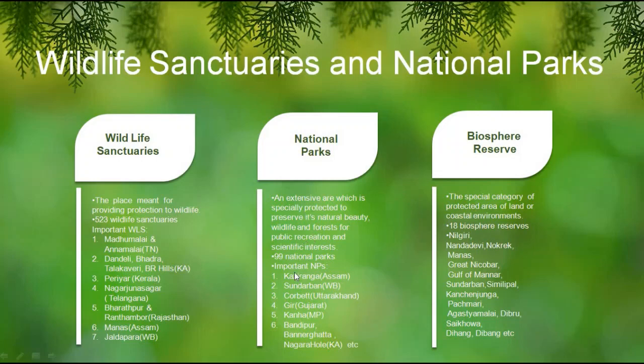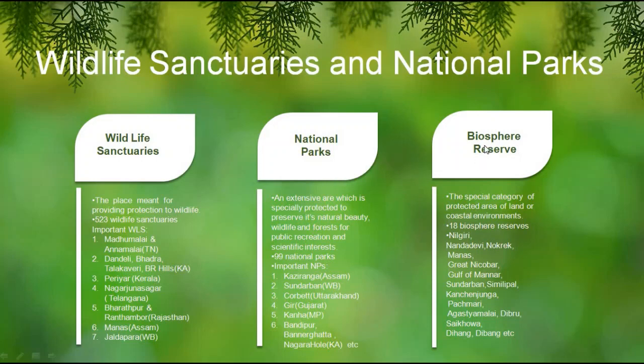Nearly 99 national parks are there in India. Important national parks are Kaziranga in Assam, Sundarban in West Bengal, Jim Corbett in Uttarakhand, Gir in Gujarat, Kanha in Madhya Pradesh, and in Karnataka, Bandipur, Bannerghatta, and Nagarhole. These are important national parks.